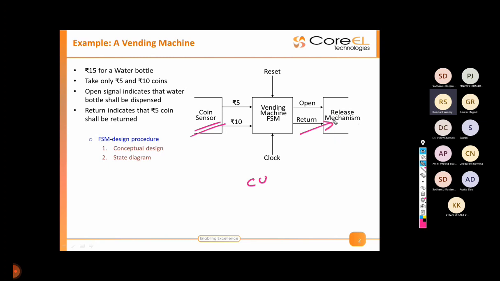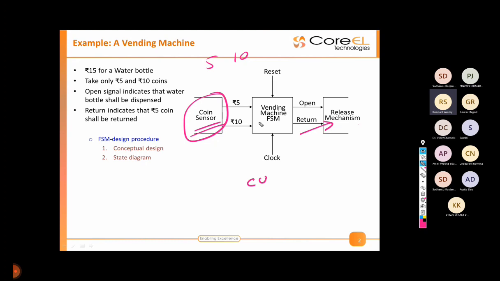The coin box can read only 5 rupees coins or 10 rupees coins, and there will be an indication for the vending machine stating whether it is 5 rupees or 10 rupees.